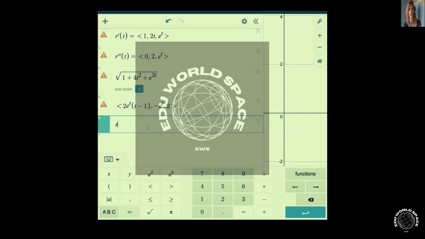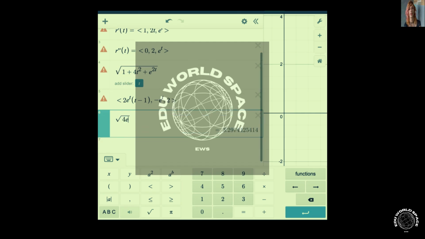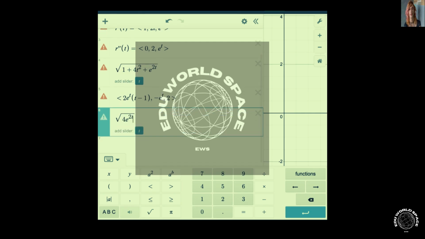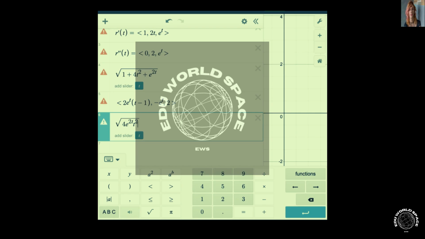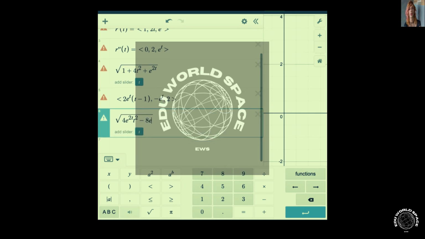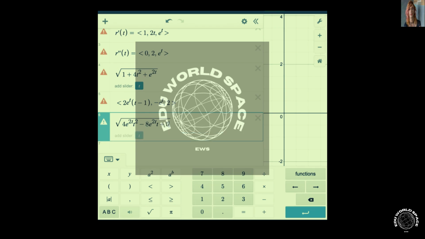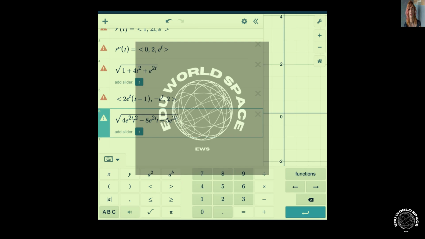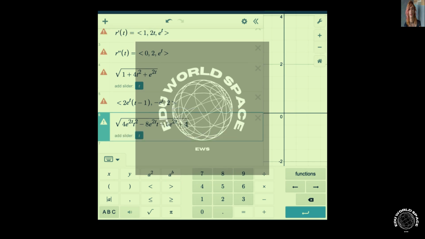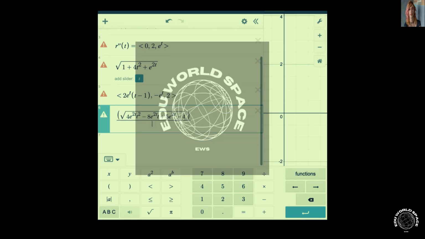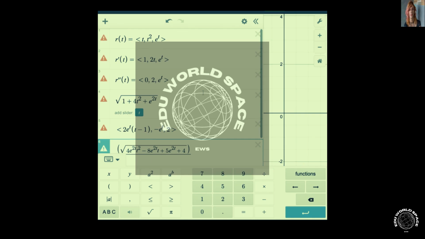So it will end up giving us the square root of 4e to the 2t, t squared, minus 8e to the 2t, t plus 5e to the 2t plus 4.